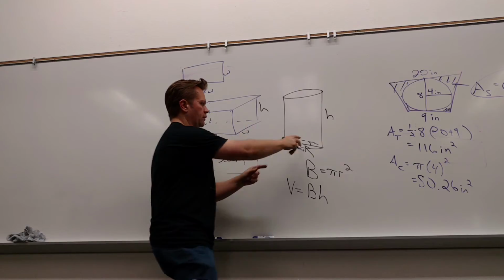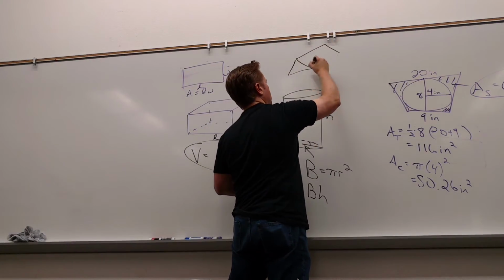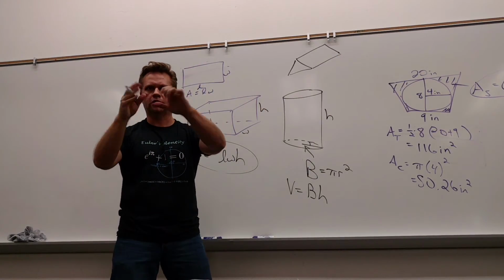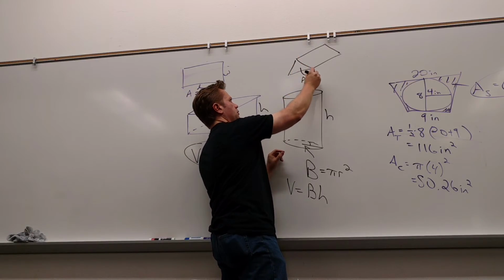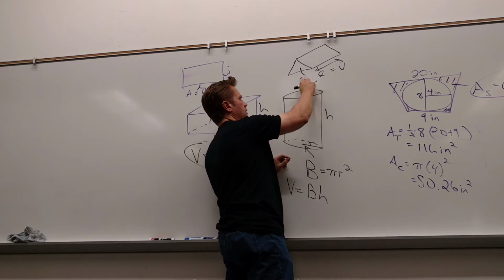No matter what shape. If I made a triangle down here, like a Toblerone, I take the area of the triangle times the length. That would be the volume. And let me call this big B like I want.